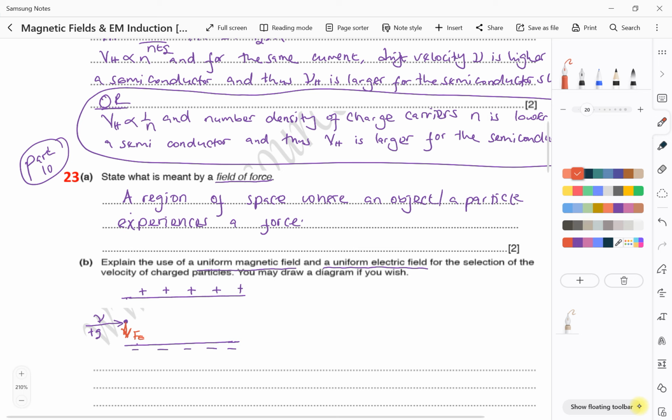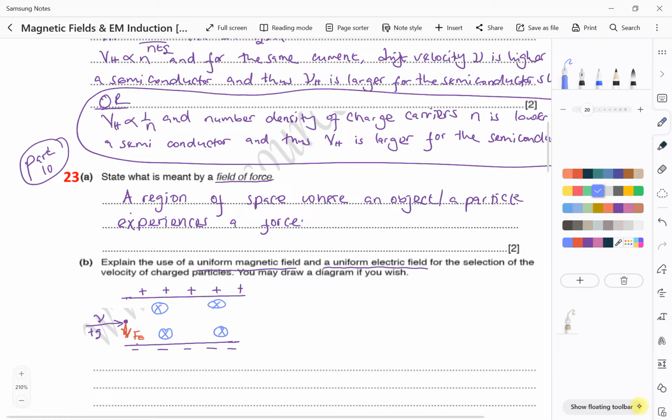Then I'm going to introduce a magnetic field in here. To show that there is a magnetic field, I'll put in these circles. The magnetic field must be perpendicular to the electric field, so I'm going to put it into the page for simplicity.